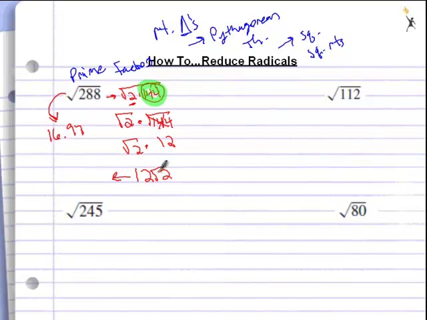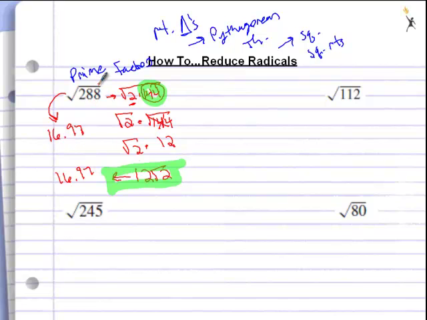If I punch in 12 times the square root of 2, I get 16.97. Notice that my numbers are the exact same decimal, but one of them is reduced and one of them is not. The reason we want to reduce this is it's easier to multiply and divide this number, 12 square root of 2. It's easier to multiply and divide with that rather than 288.